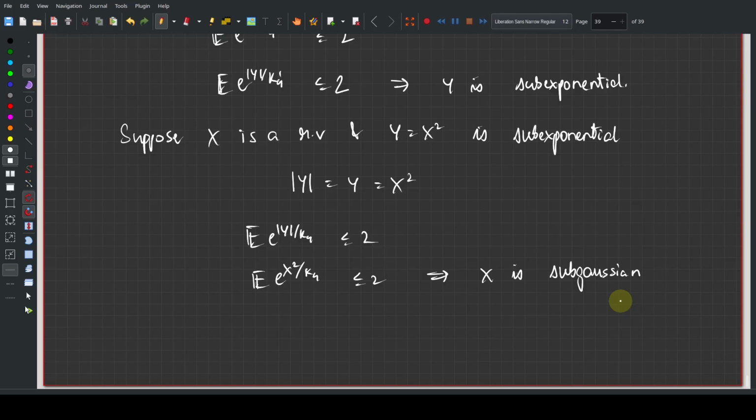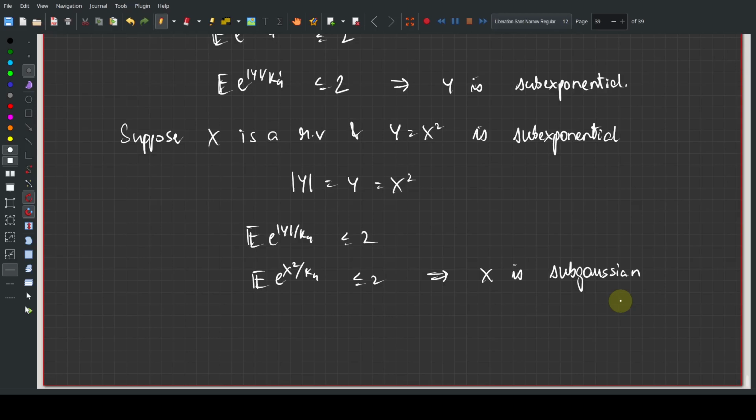So, for example, let's take a bounded random variable x. If you look at x square, is this going to be bounded? If x is bounded, is x square going to be bounded? Yeah, it is going to be bounded. So x is sub-Gaussian. What about x square?